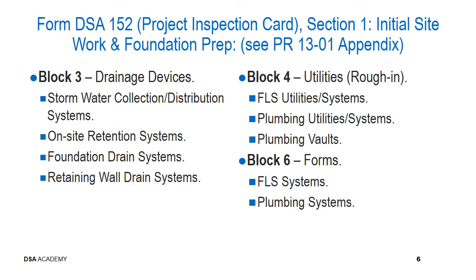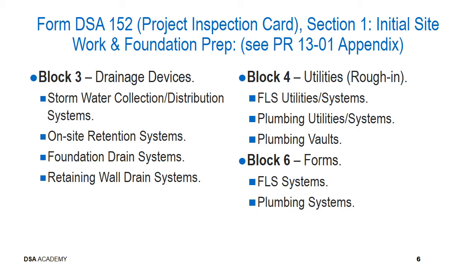I want to take a few minutes to discuss notations that may be required to be made on the DSA Form 152, which is the project inspection card. Specifically for Section 1, initial site work and foundation prep, there's a possibility that related to plumbing, there may be some construction activities that occur that are associated with structural safety that may require a project inspector to verify, review, and initial on the project inspection card.